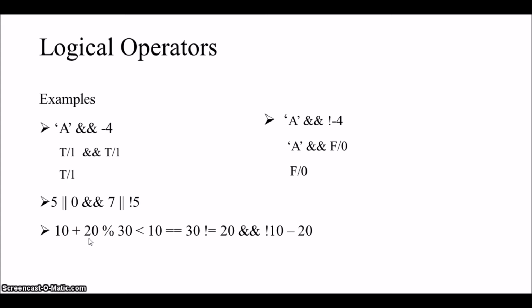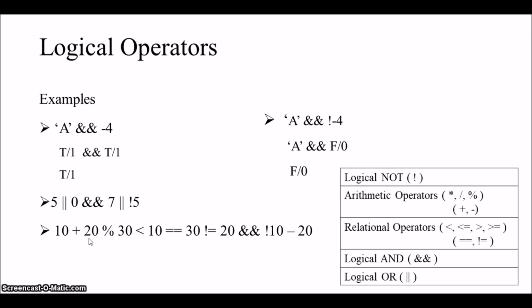When an expression consists of arithmetic operators, logical operators and relational operators, this is the precedence you need to follow. You need to first evaluate logical not. Logical not has higher precedence than arithmetic operators and relational operators. Then arithmetic operators.